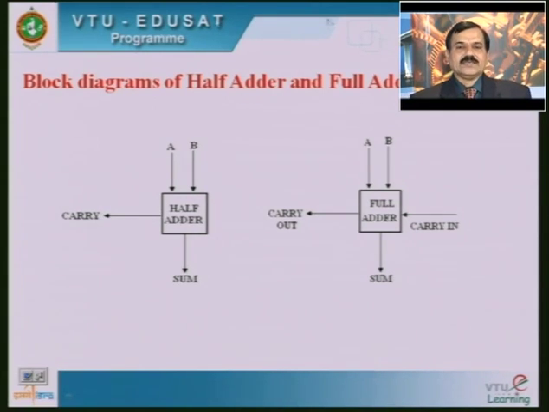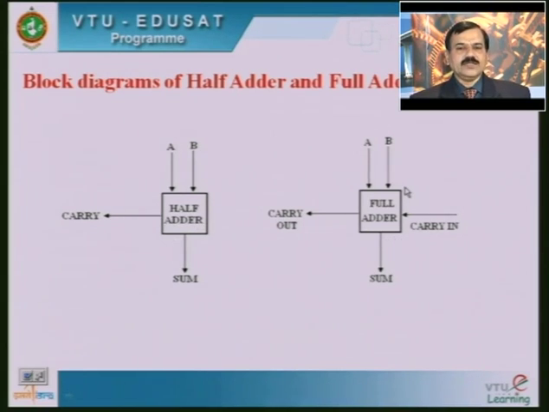But in the half adder circuit, the disadvantage is that any carry from the previous stage, or input carry facility, is not provided here. Only A and B 2 variables can be added, and if carry is generated, that carry out facility is provided with the half adder.